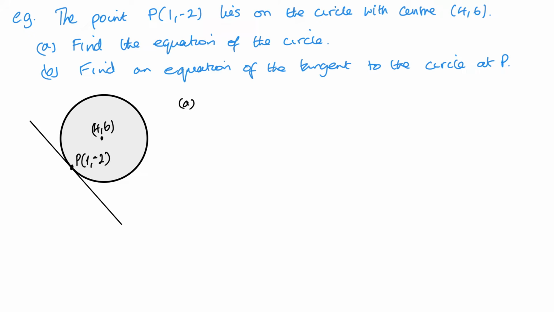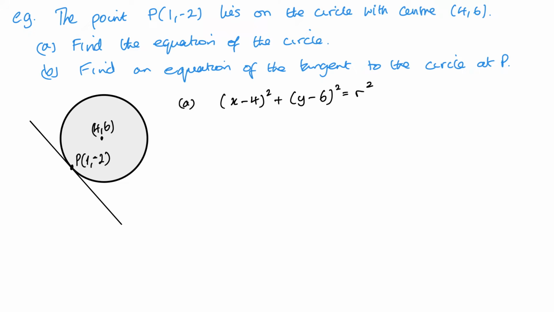So the equation of the circle. We've got x minus a, which will be 4, plus y minus b, which will be 6, and then of course we've got r squared, which we don't know yet.